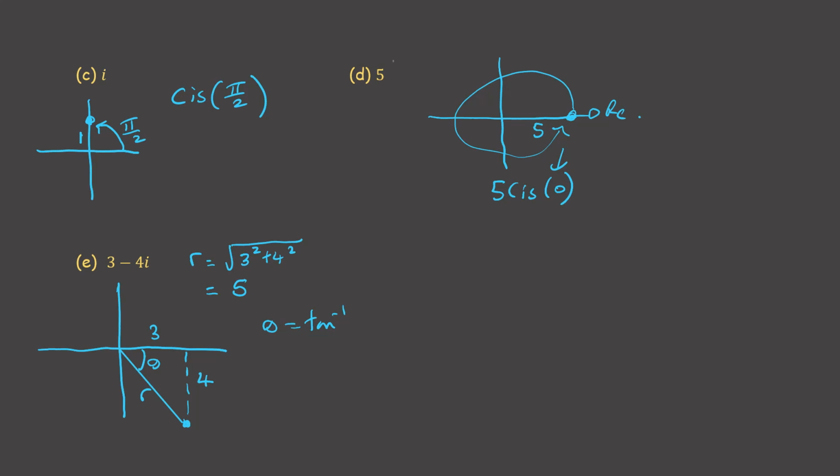Inverse tangent of the opposite divided by the adjacent, and calculate. And that gives me 0.927 radians, correct to 3 decimal places. And so I would give this one as 5 cis 0.927.